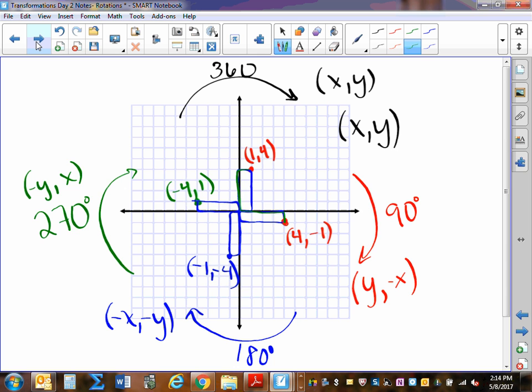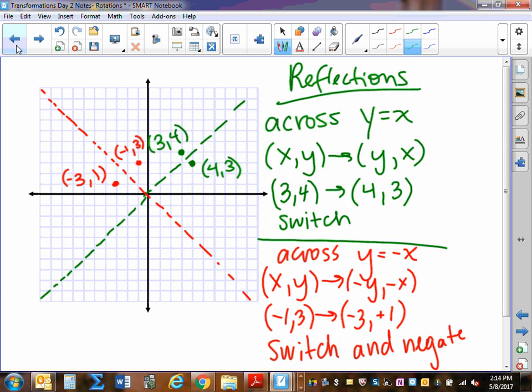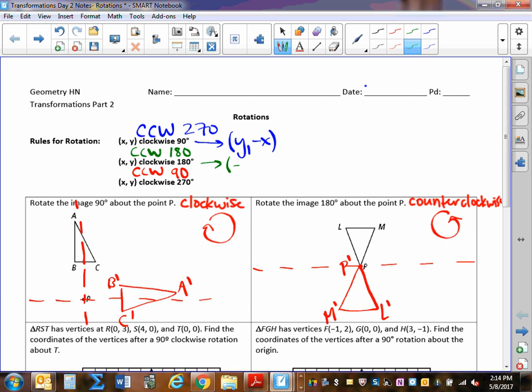They both got negated, good, so negative x, negative y. And then finally for clockwise 270 or counterclockwise 90, what do we have? Good, negative y, x.